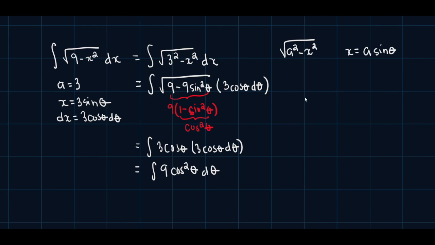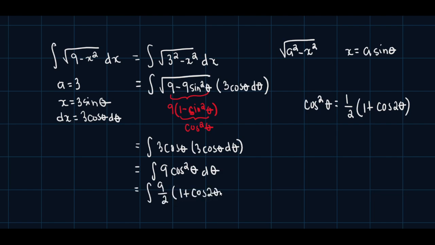I recall from the previously learned technique, trigonometric integrals, we have that cosine squared theta is actually equal to 1/2 of 1 plus cosine 2 theta. So we apply this technique and substitute. So 9/2 1 plus cosine 2 theta d theta.